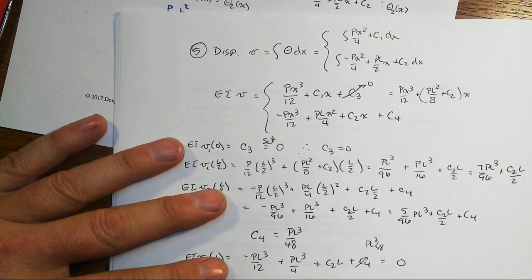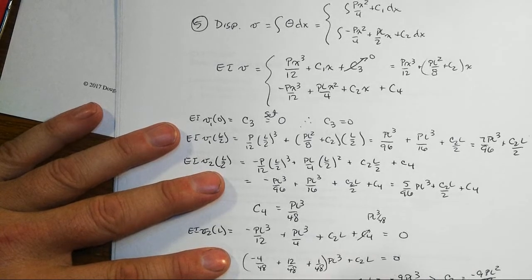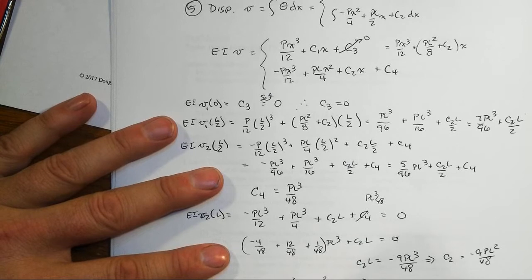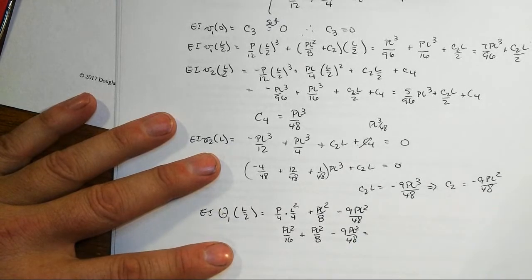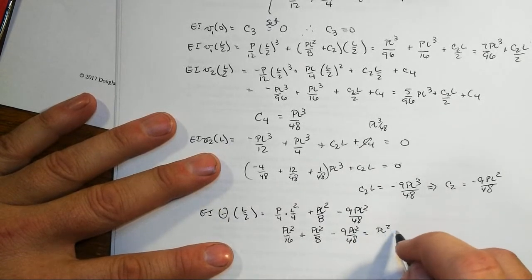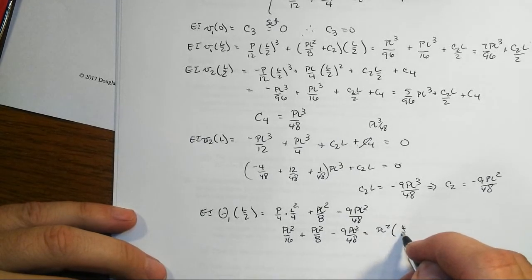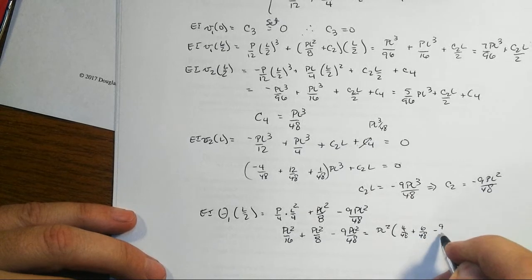Well, this is 1 over 16 plus this is 1 over 8, and of course we have the minus 9PL squared over 48, and so now that's going to be equal to PL squared, and 1 over 16 is 4 over 48 plus 6 over 48 minus 9 over 48.